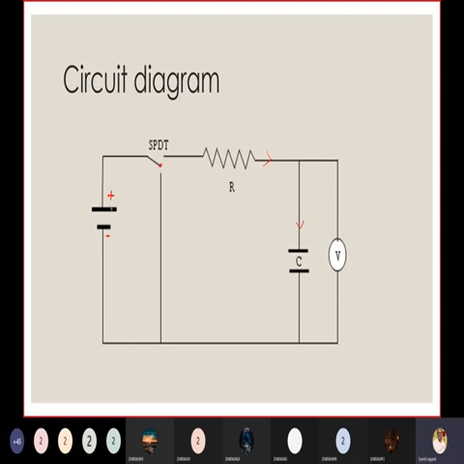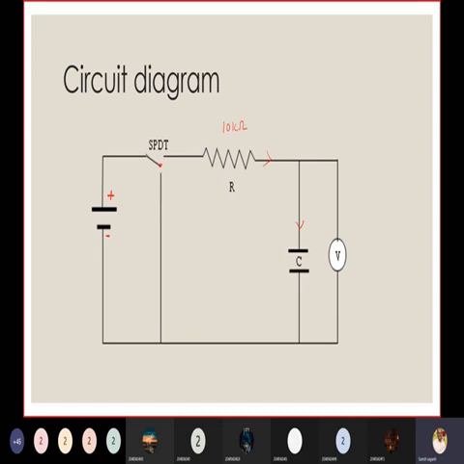So plus and minus, plus is connected to the SPDT. From that we connected it to a 10 kilo ohm resistor. SPDT means single pole double throw. It is a single pole, and you can throw it twice, this side or this side, double throw.